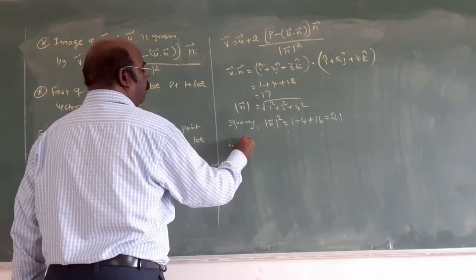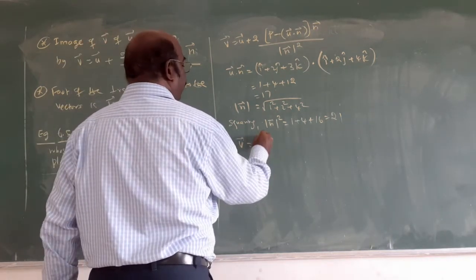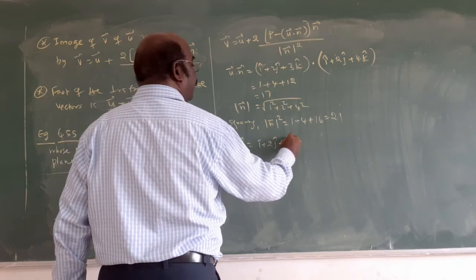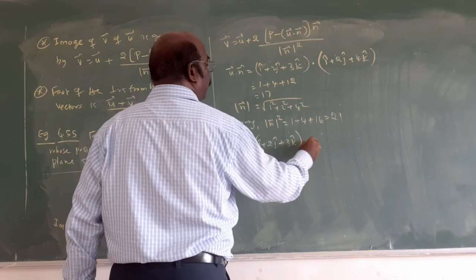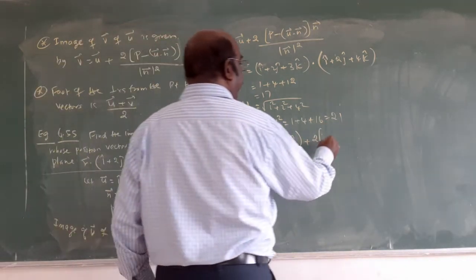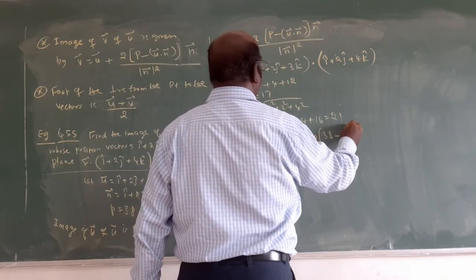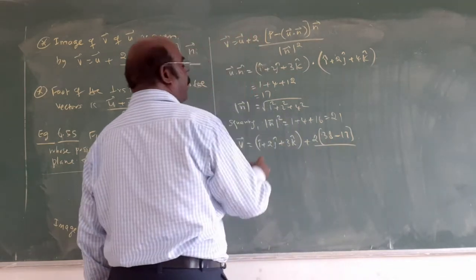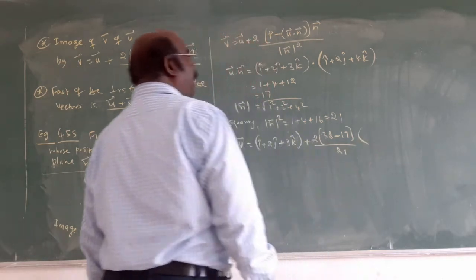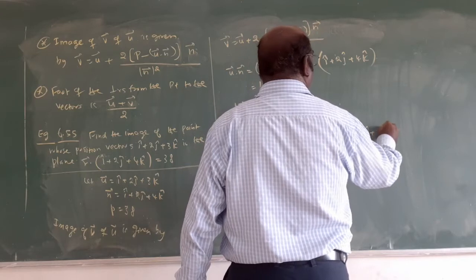Therefore, v vector equal to u vector, which is i plus 2j plus 3k, plus 2 into p minus u dot n, that is 38 minus 17, divided by modulus of n square, which is 21, into n vector, already found, i plus 2j plus 4k.